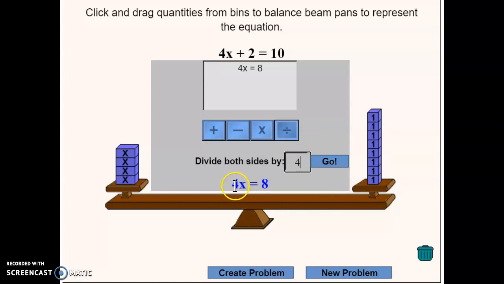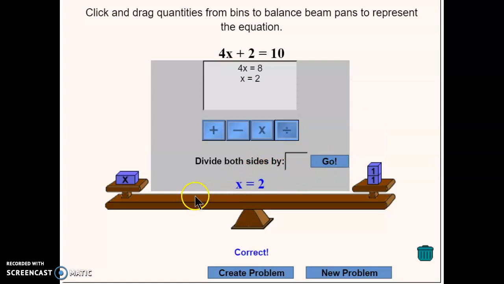I do the opposite, the opposite of multiplication is division. So divide both sides by 4. Click go. I have x equals 2, which is the answer. So by using this balance, I successfully solved this equation and found the value of x.